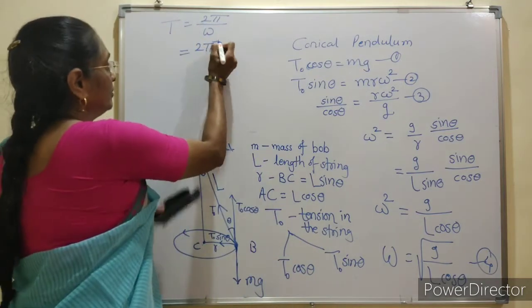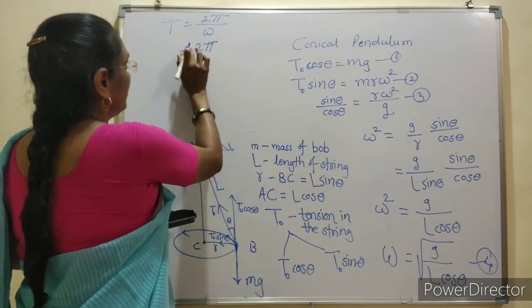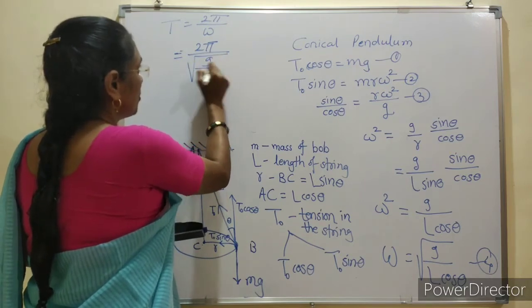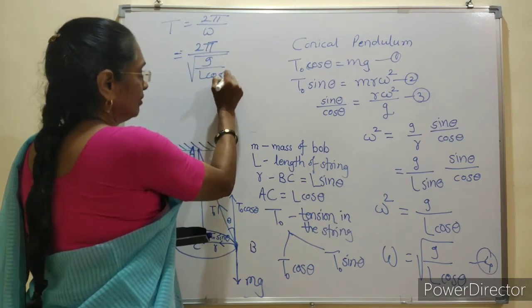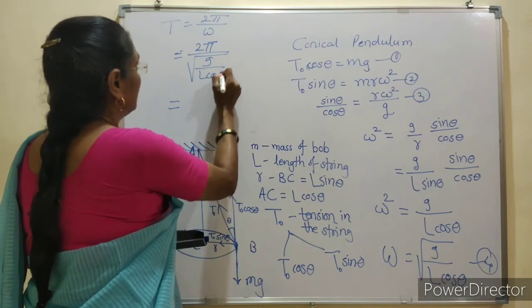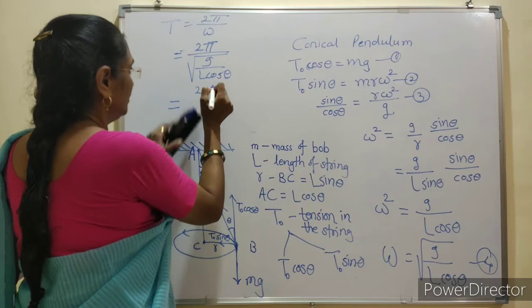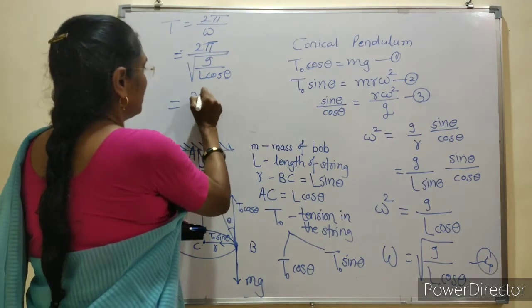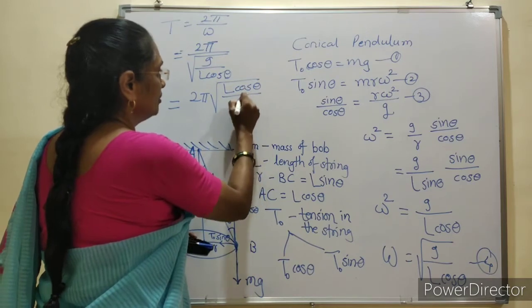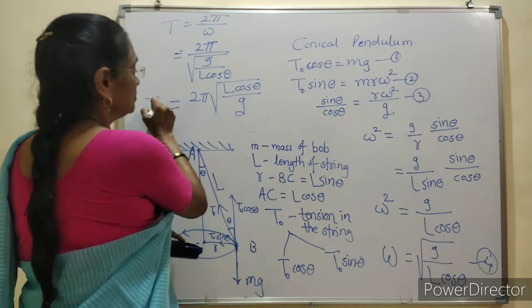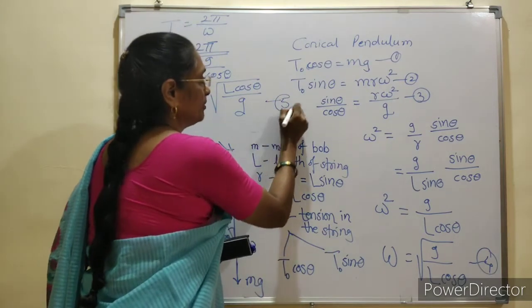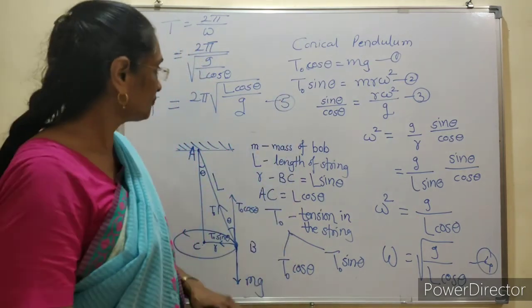It can be twice pi upon under root g upon L cos theta. So the final relation is twice pi under root L cos theta upon g. So this is the expression for period. Suppose it is denoted by equation number 5.